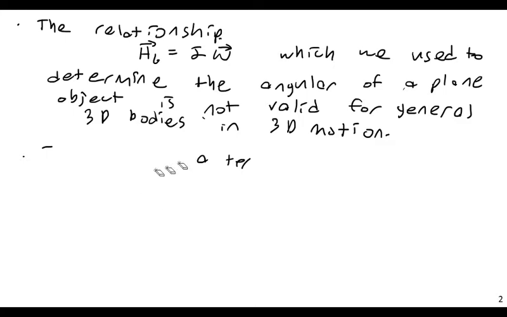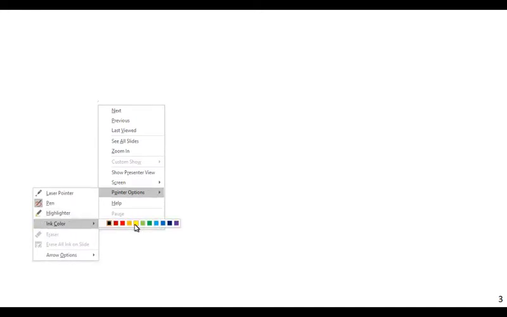In short, we'll be looking at how we can find equivalent systems that let us describe the motion of 3-dimensional bodies. Okay, so let's look at angular momentum of a rigid body in 3 dimensions.